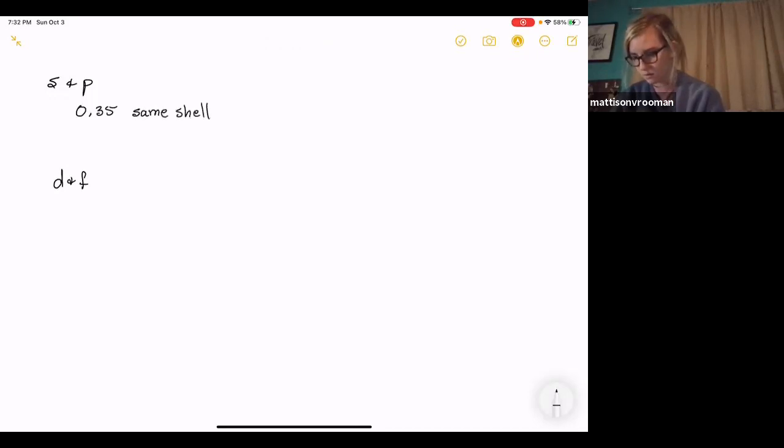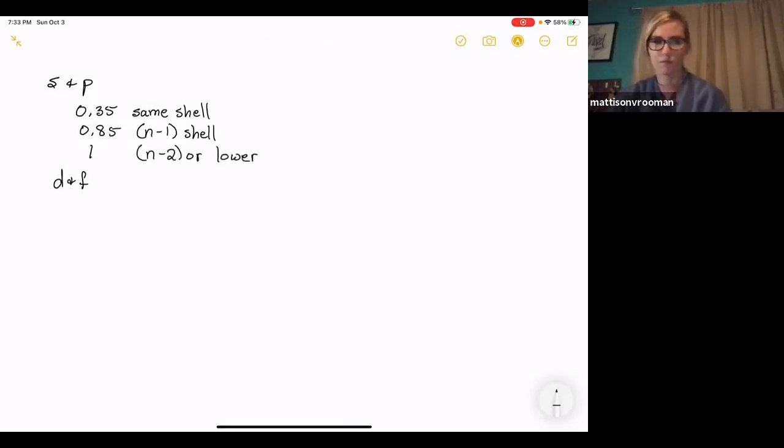Keep in mind the shell is represented by the numerical value that precedes the letter in the electron configuration. It is 0.85 if it is in the N-1 shell, or in other words, the shell that came right before it. And it is 1 if it's in the N-2 or lower shells.